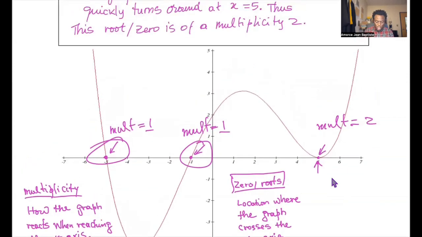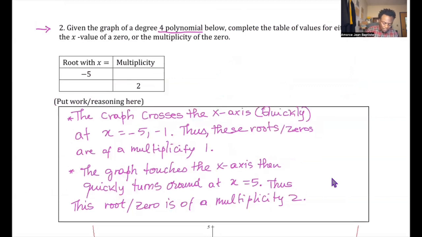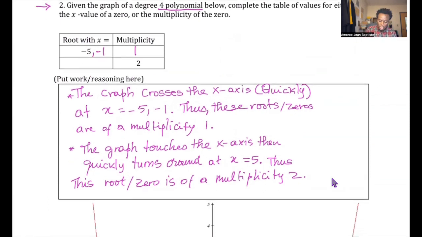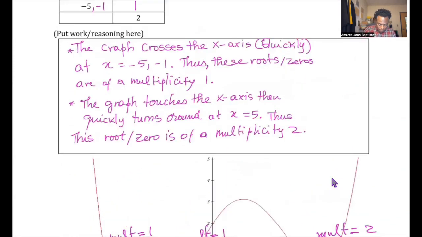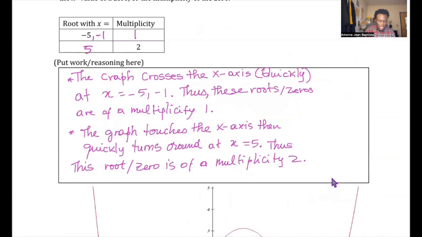So now we know that we have -5, but also we have -1 to be multiplicity 1. And the only multiplicity 2 we have is x equals 5. And I explained a little bit here. The graph crosses the x-axis quickly at x equals -5 and -1.